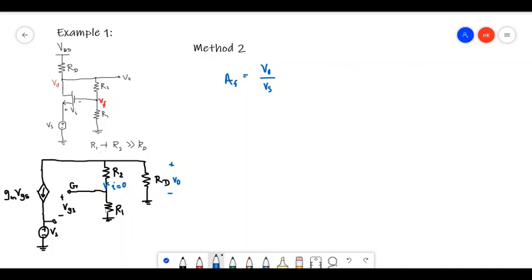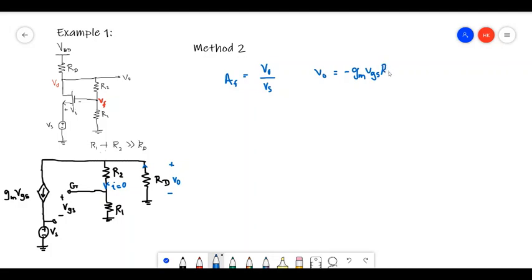Neglecting that, we can write V out as, since this whole current passes through this RD resistor, V out is minus Gm VGS RD.